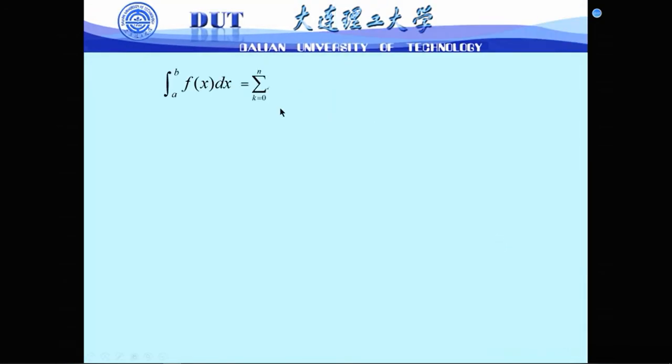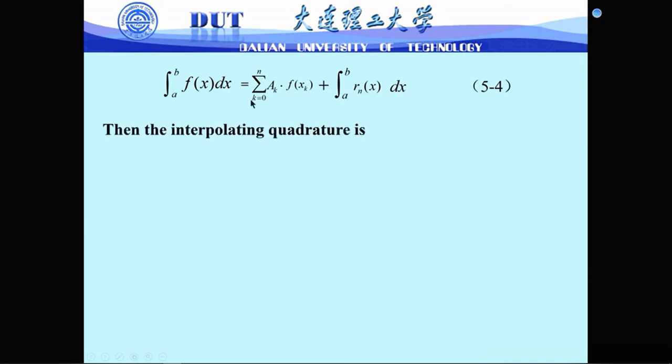Okay, so here we can write the numerical quadrature by a_k multiply f_k and compute the summation. It's okay? Okay, then we just denote this part by I_n(f), which is the sum over k from 0 to n of a_k multiply f(x_k).